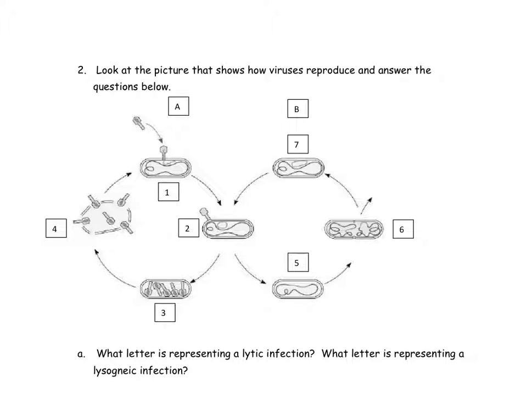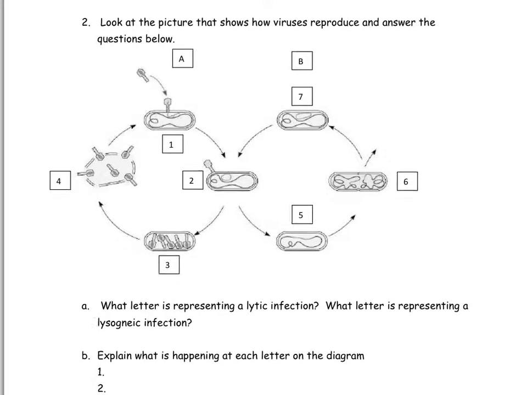Now here on this slide, what we are looking at is the typical reproductive cycle of a virus. In this case, we're going to look at a bacteriophage, which is a virus that infects bacteria. There are 2 different cycles that it can go through.